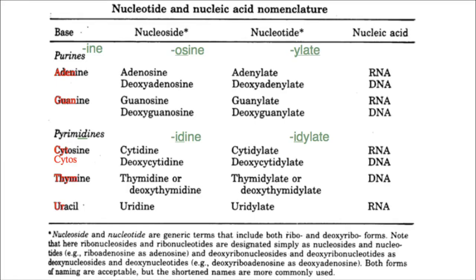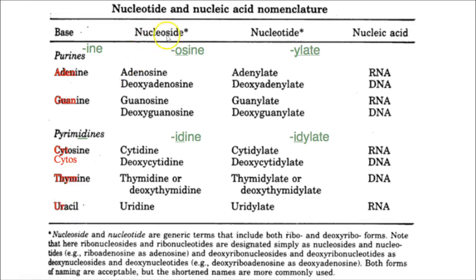And then here is some more naming nomenclature. When you have just the base, for purines you have the ine ending, so adenine, guanine. When you go into pyrimidine, you can still have the ending of ine right here, but the only one that's different is uracil.